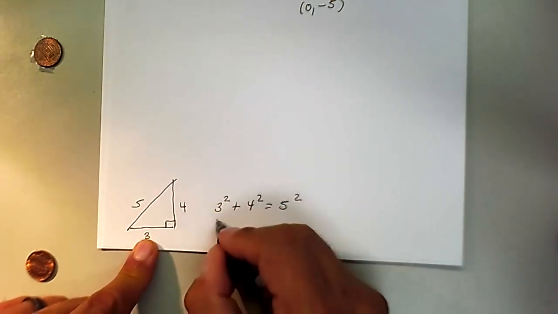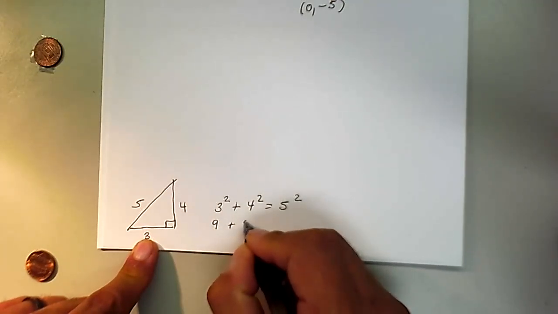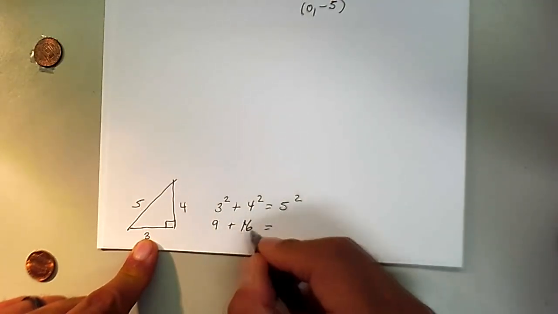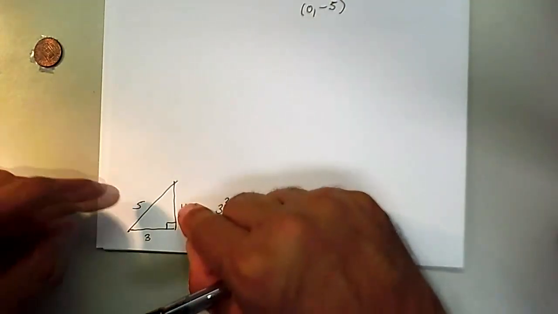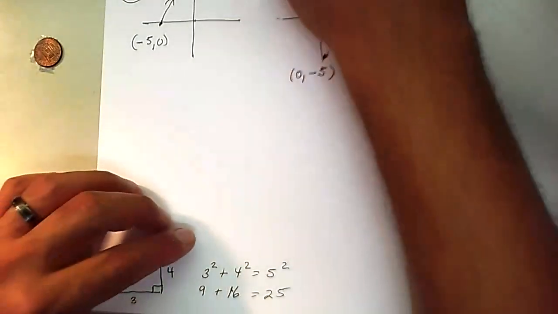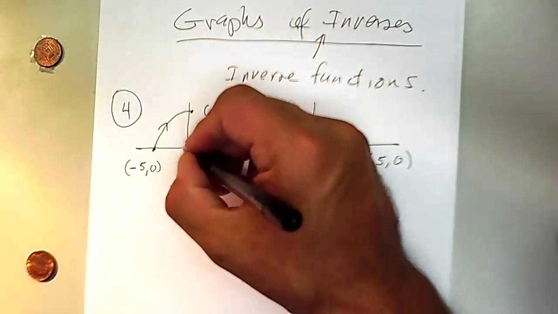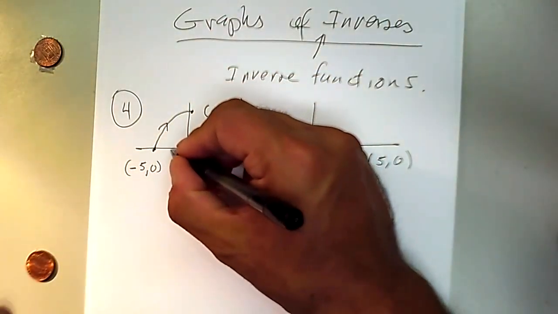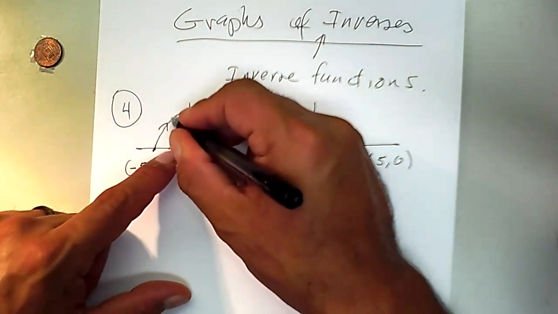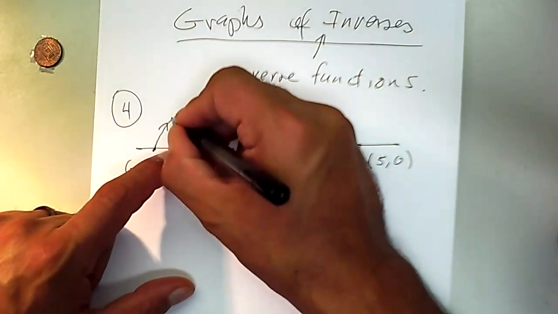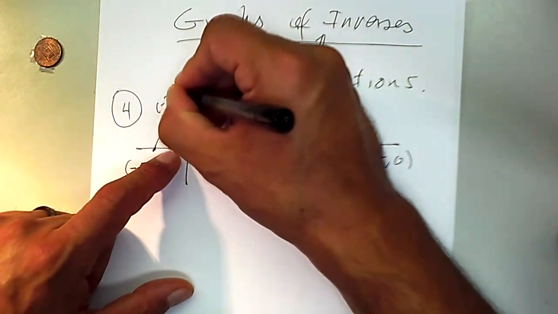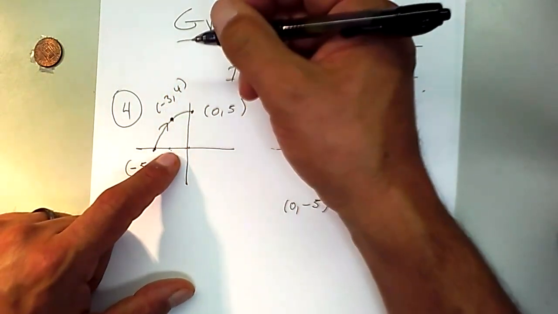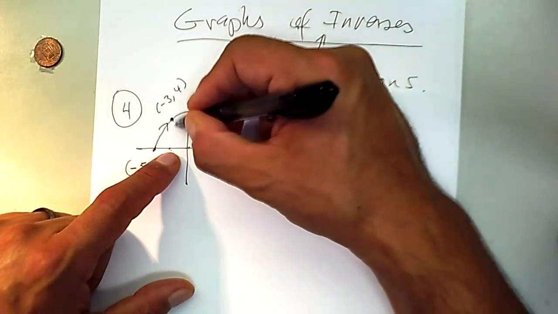Now, because that is 9 plus 16, and 9 plus 16 is exactly 25. So we have a triangle that is 3, 4, 5. Okay, and I'm going to use that here. So there's a point -3, 4. So there's a point that is here at -3, 4. Because the radius is 5.